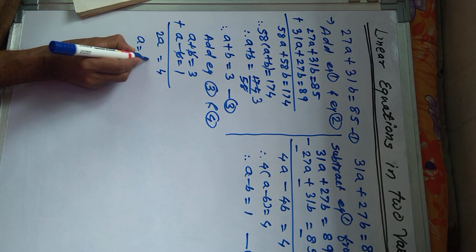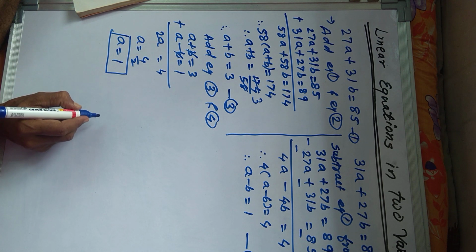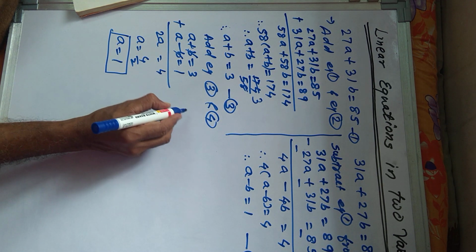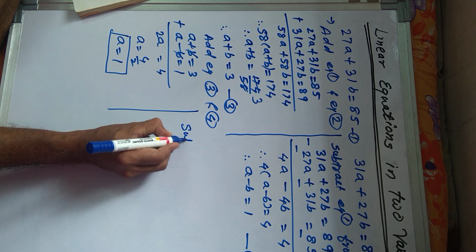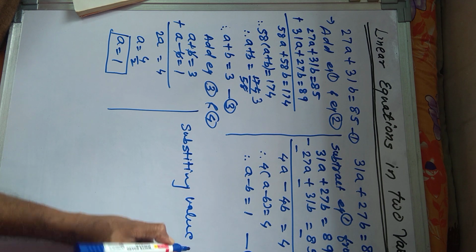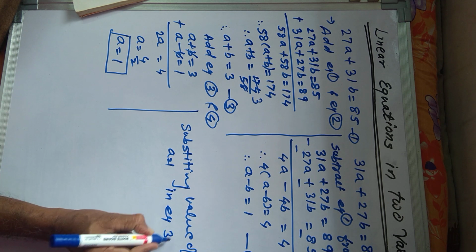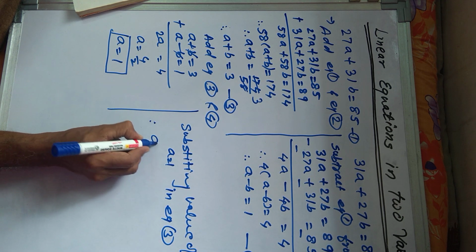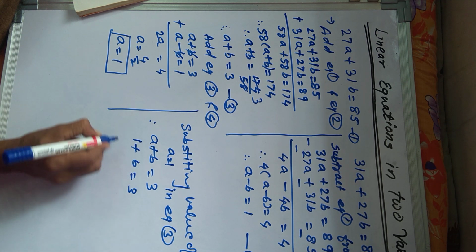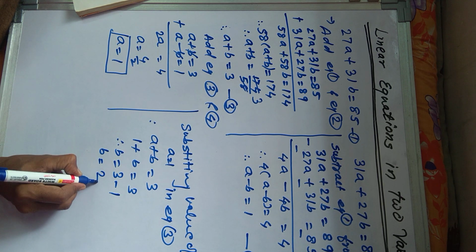Hence, a is equal to 4 upon 2, a is equal to 2. This value we have to substitute in equation number 3. Value of a in equation number 3, we get a plus b is equal to 3. Therefore, 1 plus b is equal to 3. Hence, b is equal to 3 minus 1. b is equal to 2.